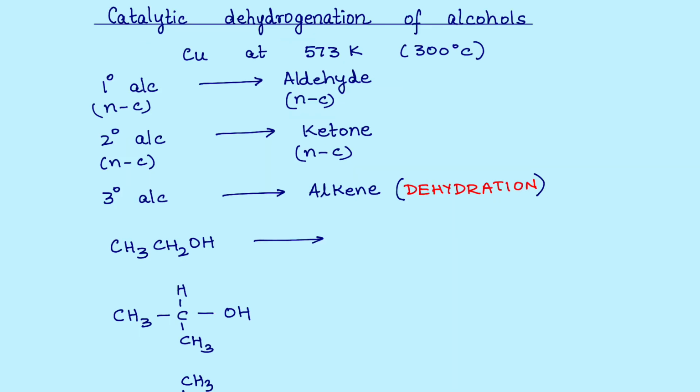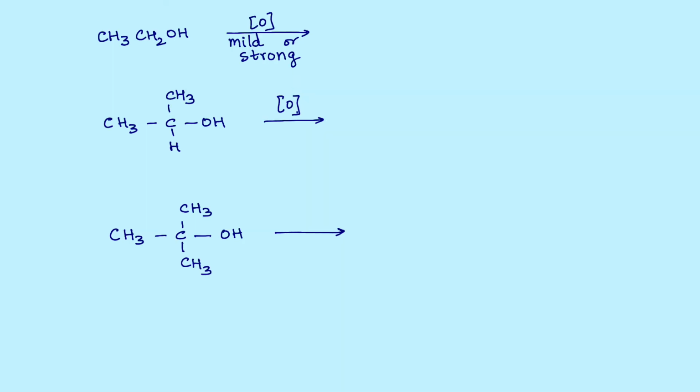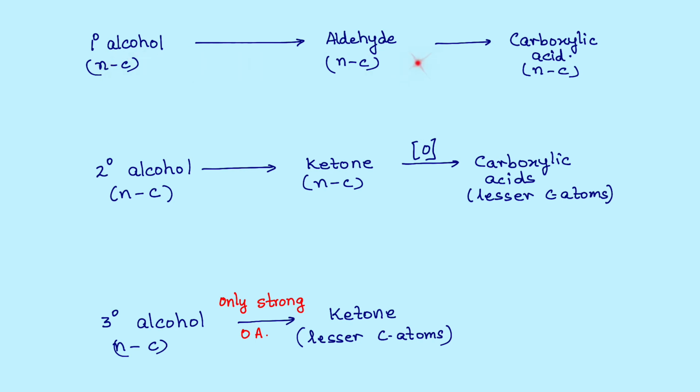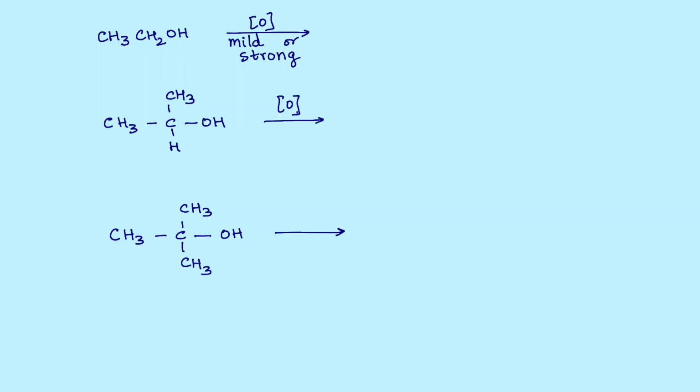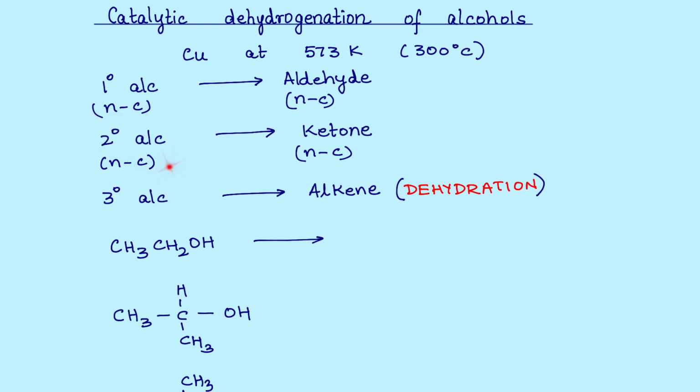So what are our observations over here? We see that primary alcohols give us aldehydes containing the same number of carbon atoms. So this is something similar to what we did under the chemical oxidation, right? Next, we see the secondary alcohols.